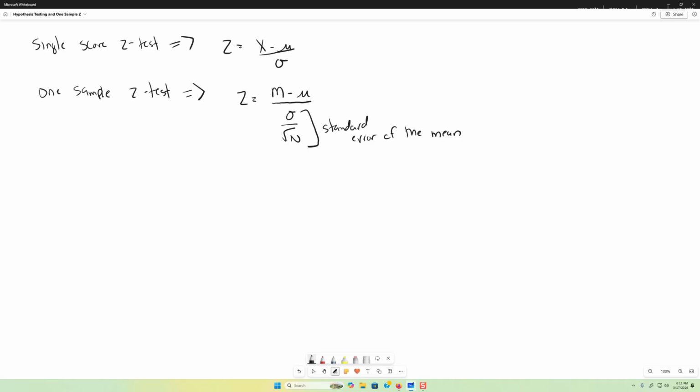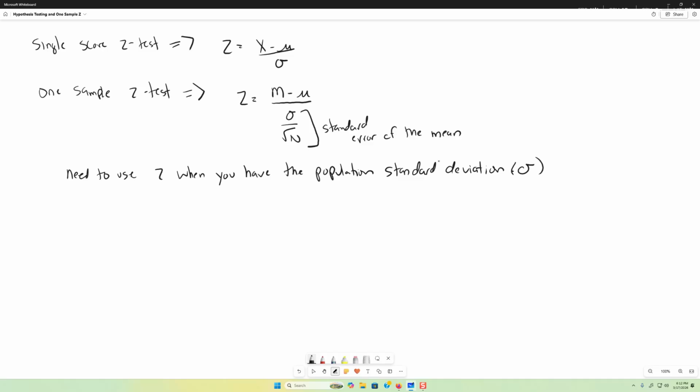So we're going to work through problems using a one sample z-test. Now, you need to use z when you have the population standard deviation. So if you know the population standard deviation, you are going to use z. This is sigma, by the way. The population standard deviation is sigma.